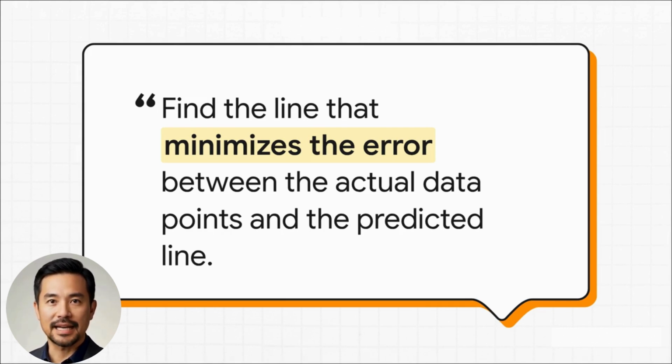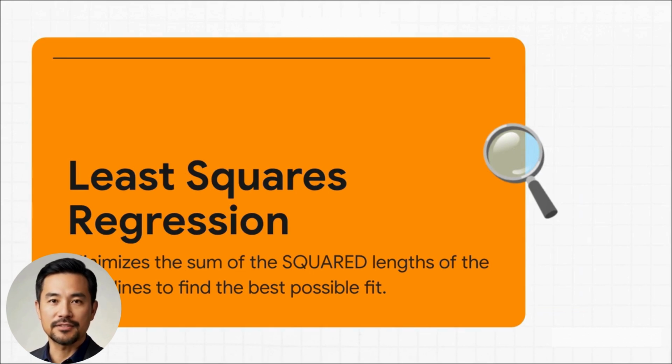It's going to try out tons and tons of different lines, tilting them, shifting them up and down, until it finds the one line where the combined error is at its absolute minimum. And that's why you'll often hear people call this least squares regression. Now, technically, what it does is minimize the sum of the squared lengths of the error lines. That's just a little math trick to make sure the positive and negative errors don't cancel each other out. But the gut feeling is exactly the same. Find the line that's on average the closest to all the points.